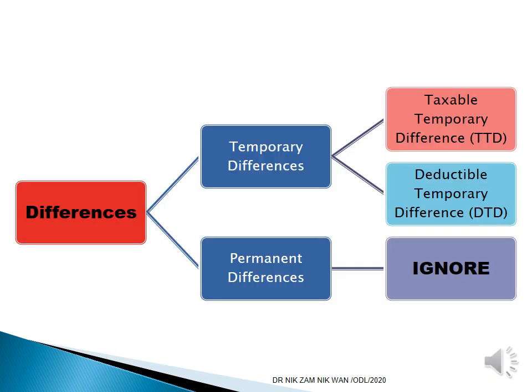In summary, for the difference between accounting rules and tax rules, we have two types of difference: temporary difference and permanent difference. Permanent difference we totally ignore because it does not have an effect. But for temporary difference, we have taxable temporary difference and also deductible temporary difference.